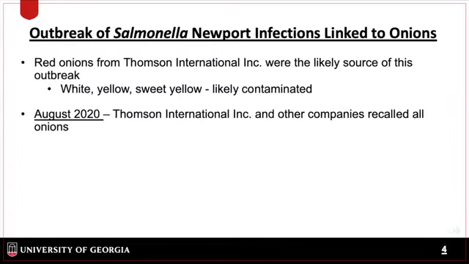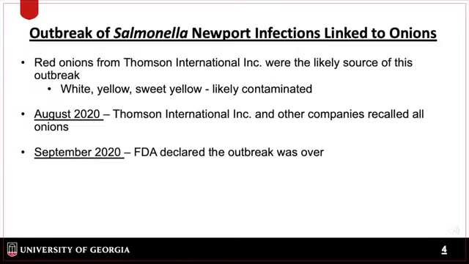In August 2020, after the cases started coming up, Thompson International and other companies recalled all onions, not only red onions but all the white, yellow, and sweet onions. And in September, the FDA declared the outbreak over. The recorded cases were not followed after September.